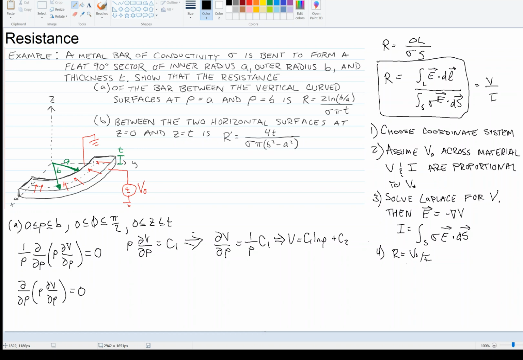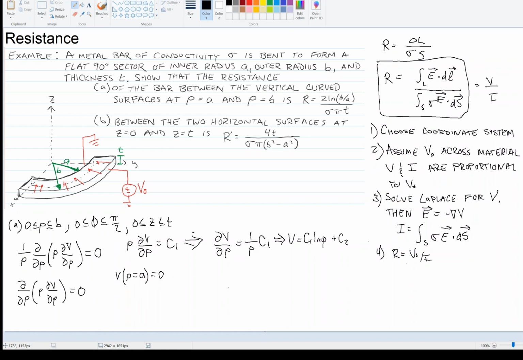Now we solve for these constants. You should be very comfortable with this process based on the previous example videos. So we plug in the boundary conditions, so the voltage at rho equals A we're saying is 0. Right?